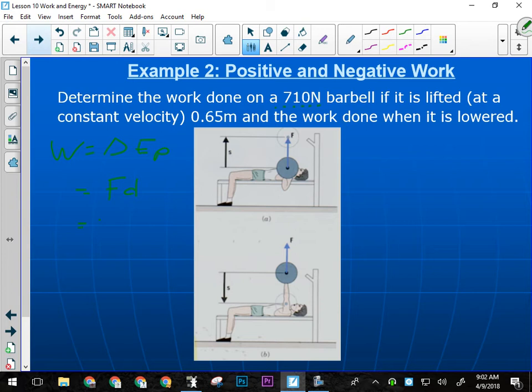When we're working against gravity, that's m times g against the force of gravity, and a vertical distance is known as a height. So m times g times h is just force times distance vertically. I want to calculate the work done when I lift it 0.65 meters. So we're going to take our m times g, which they gave us, 710 newtons, and multiply that by 0.65. That'll give us the work done in lifting the barbell.